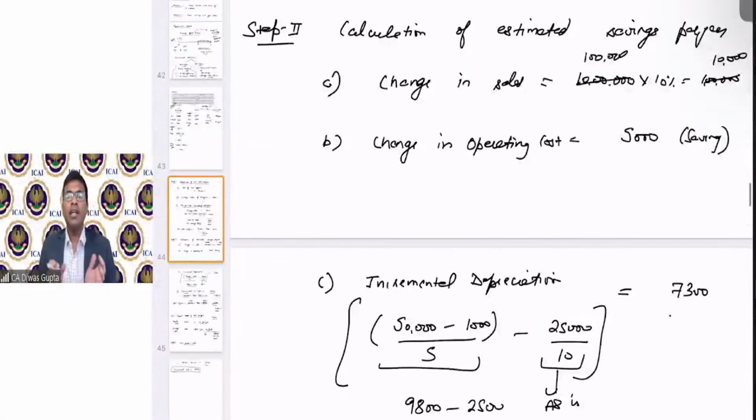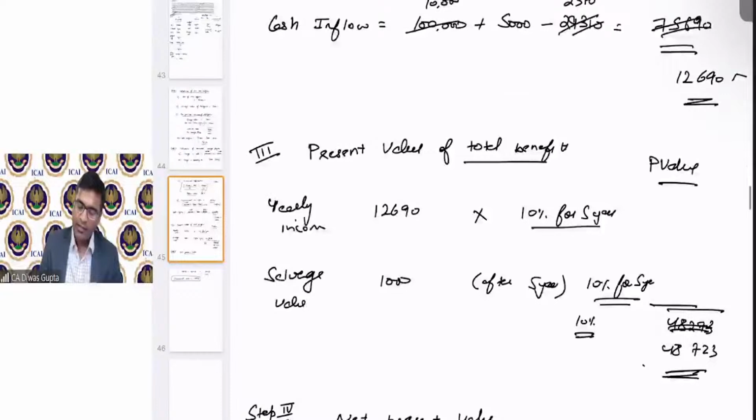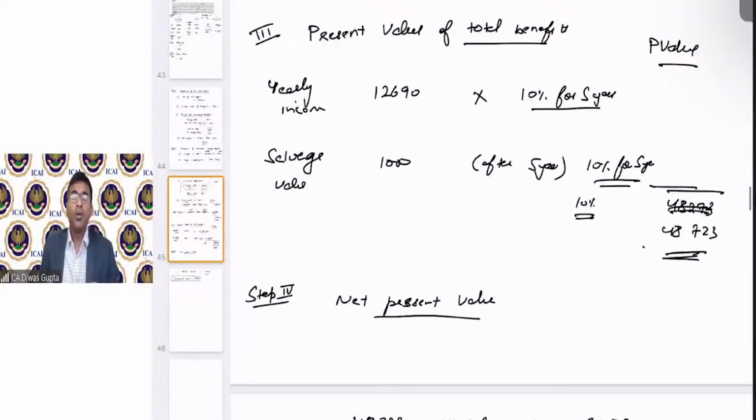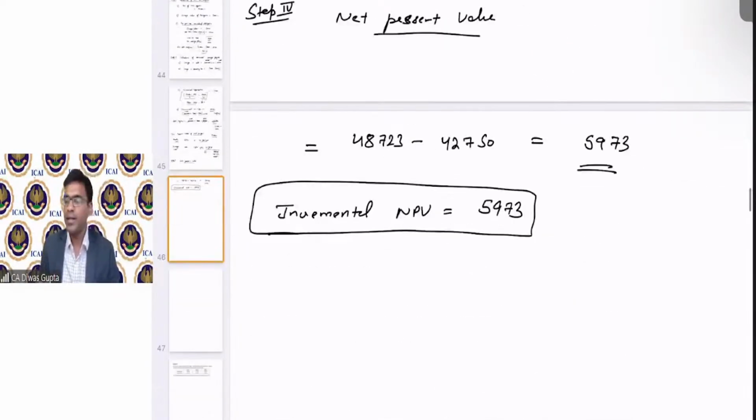Then we will calculate the yearly annual cash savings, driven from higher sales, lower operating cost, or tax benefit on the incremental depreciation. While we compute the total present value of the cash inflows, the annual cash inflows plus the salvage value, accordingly we will calculate the net present value.